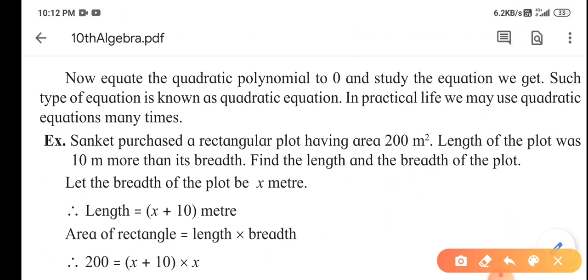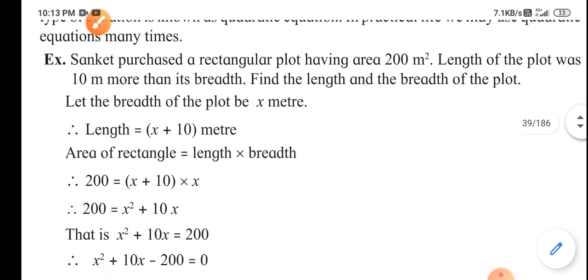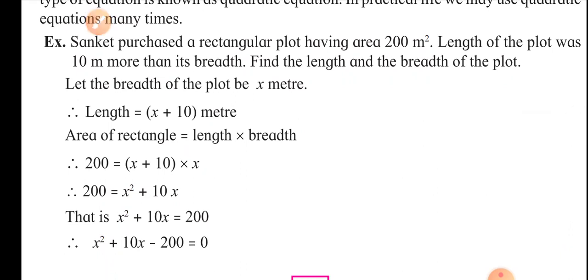When we equate a quadratic polynomial to 0, the equation we get is known as a quadratic equation. Observe the given example carefully and try to understand the use of quadratic equations.